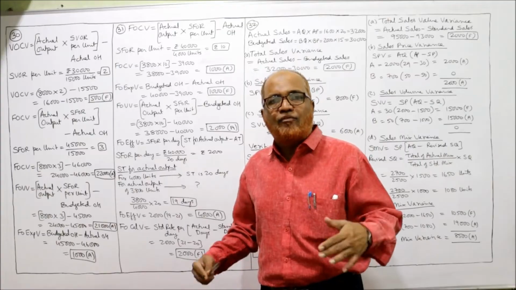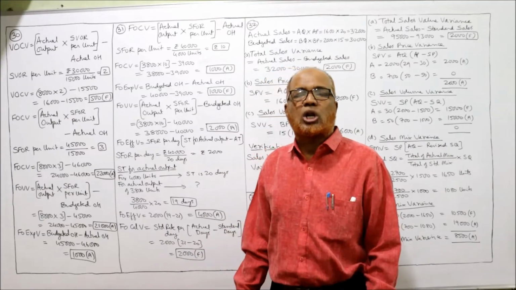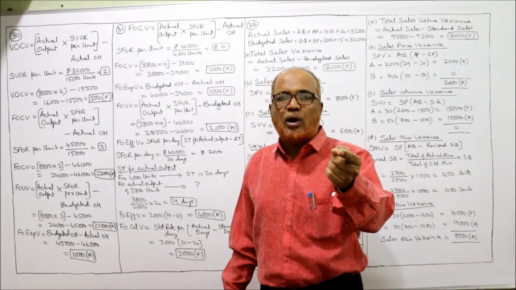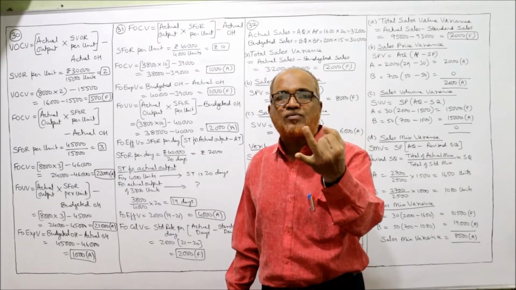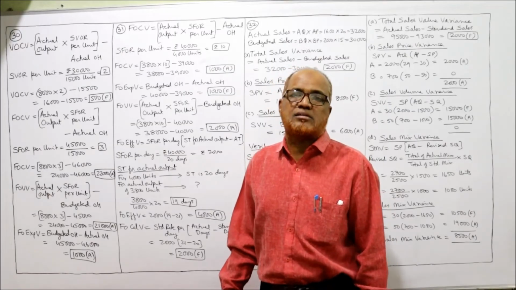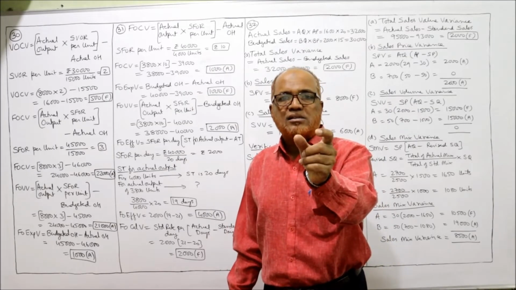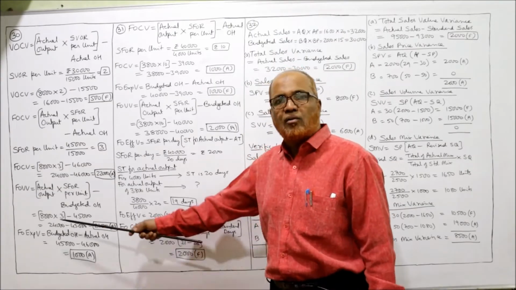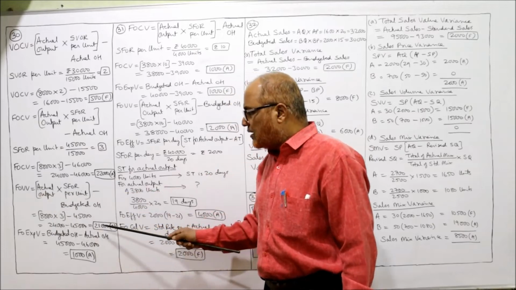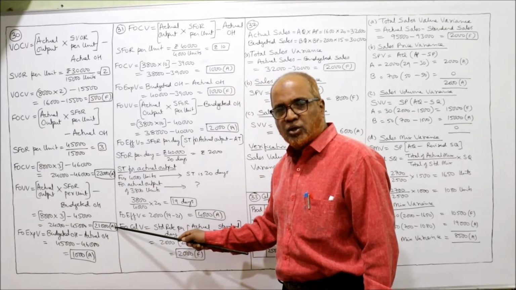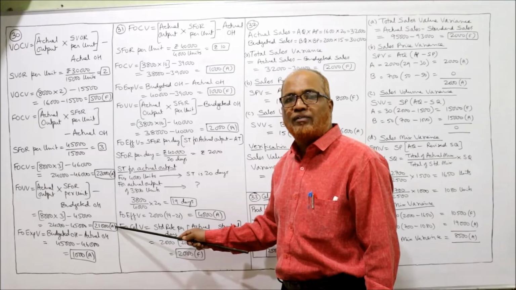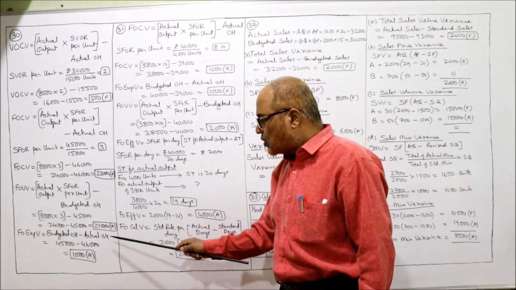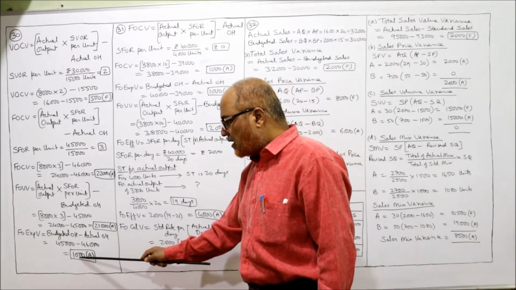Now you can verify whether our calculations are correct or not. Fixed overhead cost variance is equal to fixed overhead volume variance plus fixed overhead expenditure variance. In other words, volume variance plus expenditure variance is equal to cost variance. Now we'll verify. The volume variance here, FOVV, is 21,000 adverse, and FO expenditure variance is 1,000 adverse.